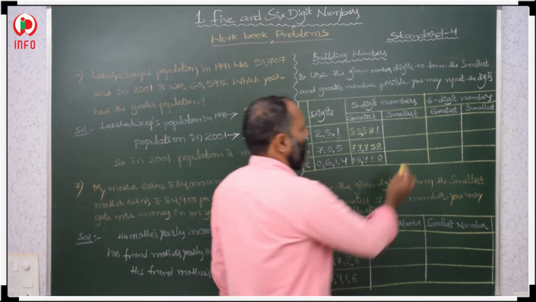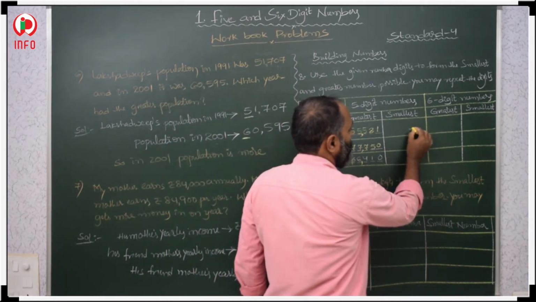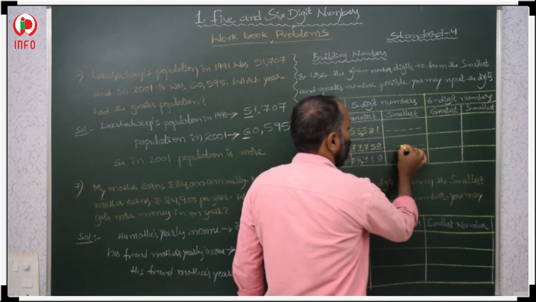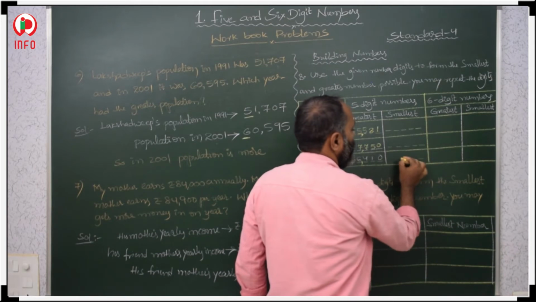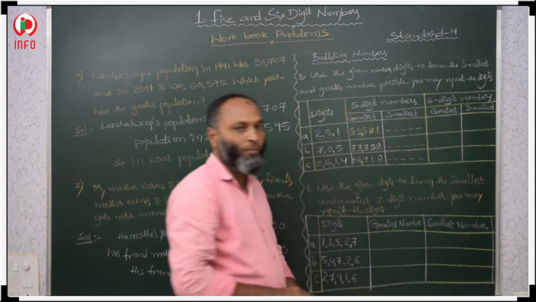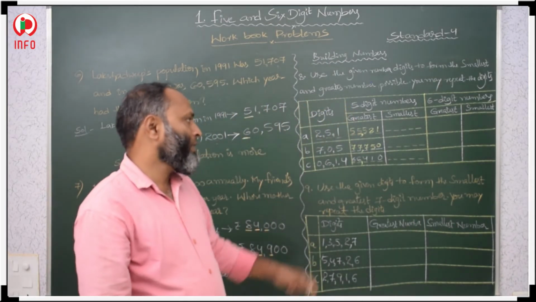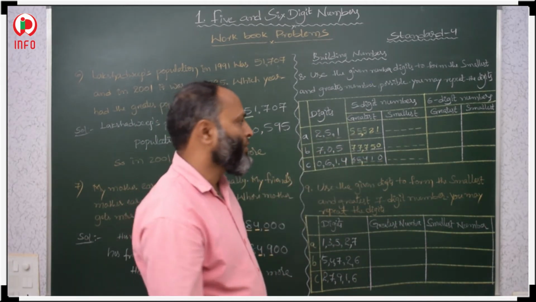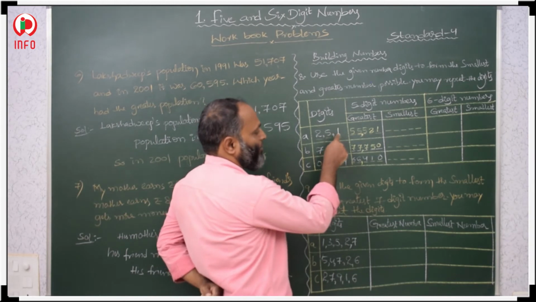Then the smallest number, how to prepare? 5 digits. In the smallest number, first we have to take a smaller number. How to write?